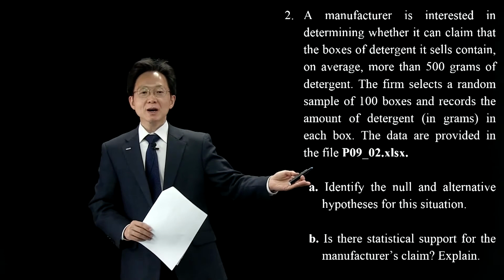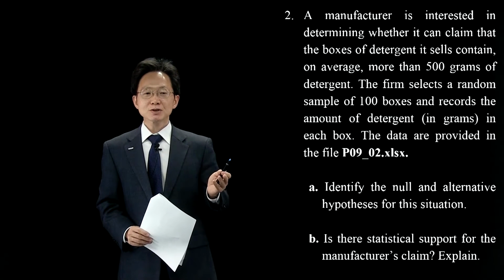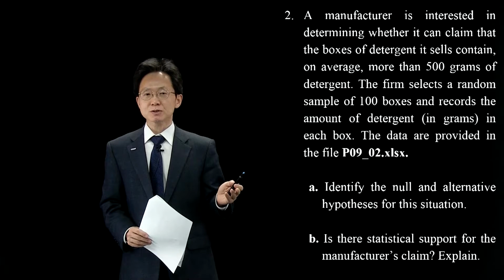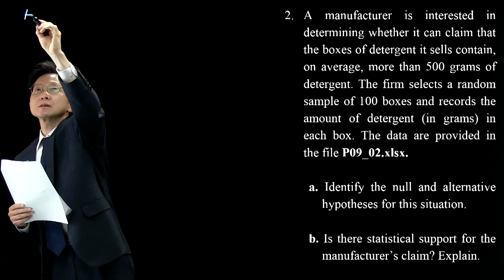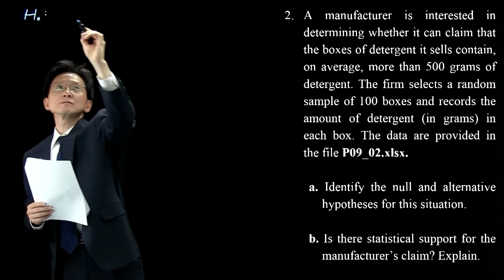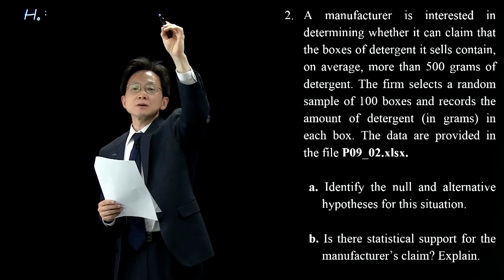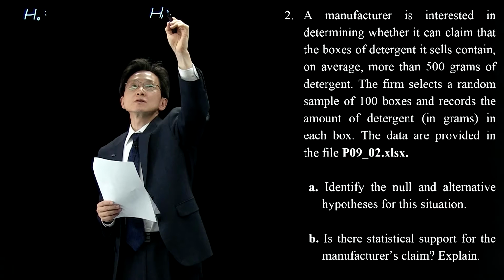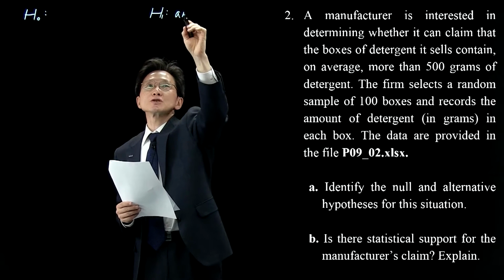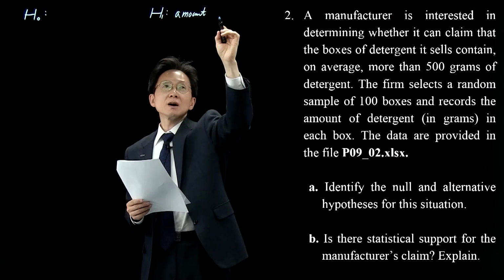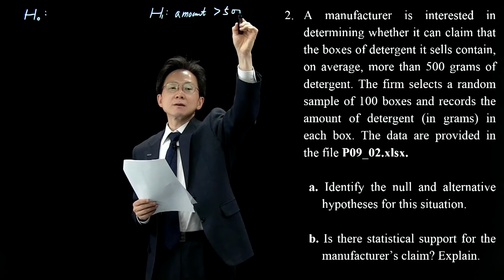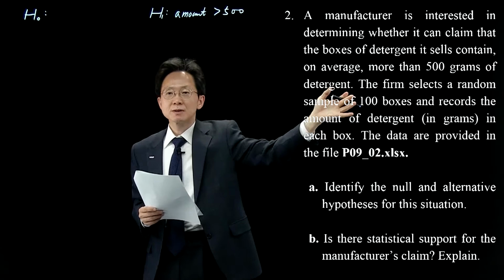The first part is about the null hypothesis and alternative hypothesis, right? So in this case, why don't I start with the alternative hypothesis? Alternative hypothesis: the amount of detergent is larger than 500 grams.